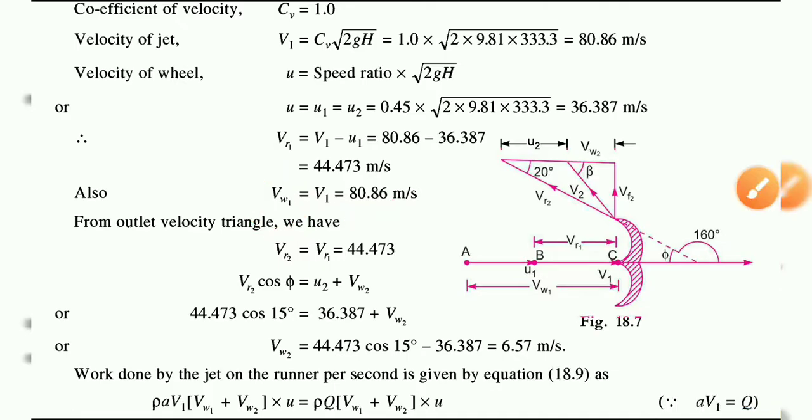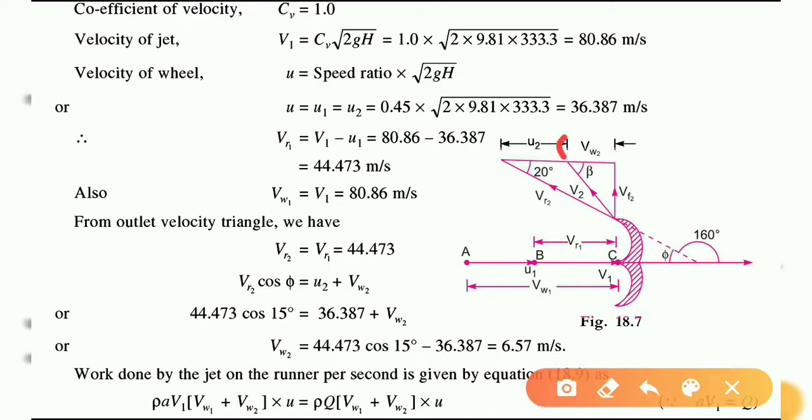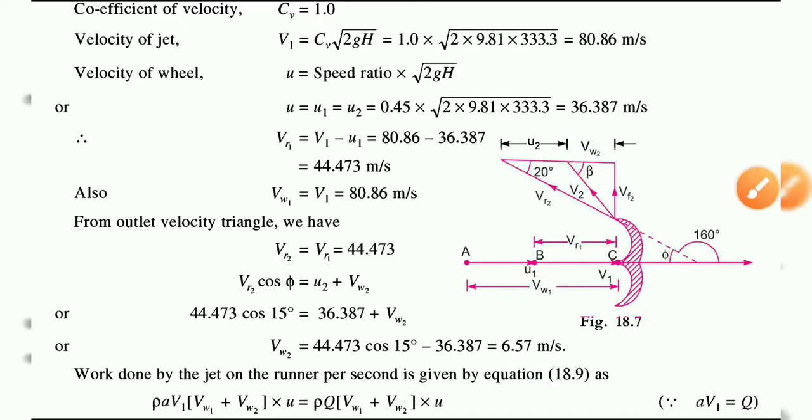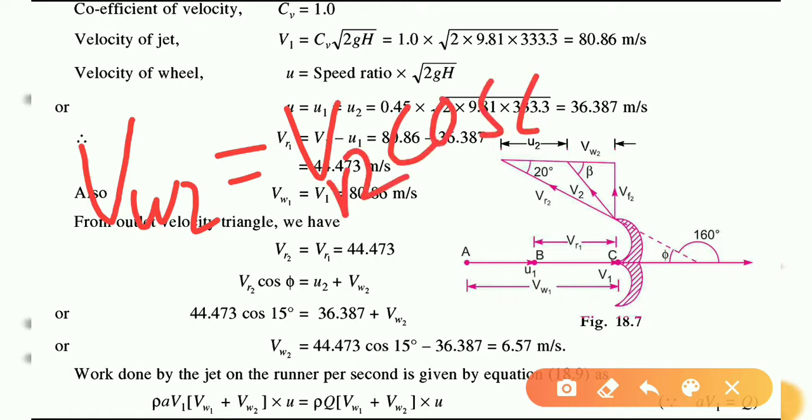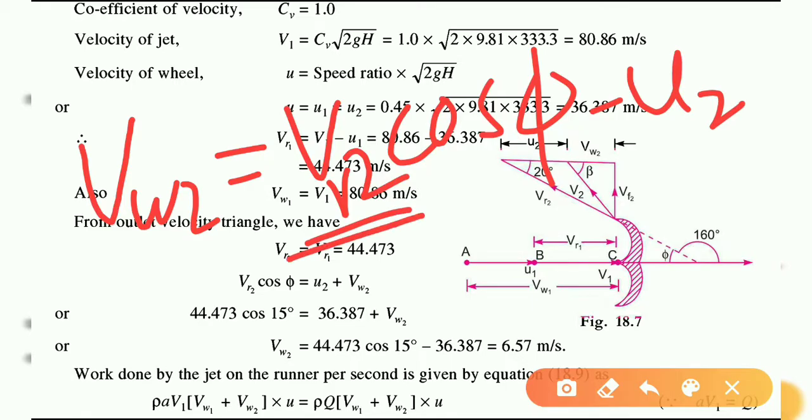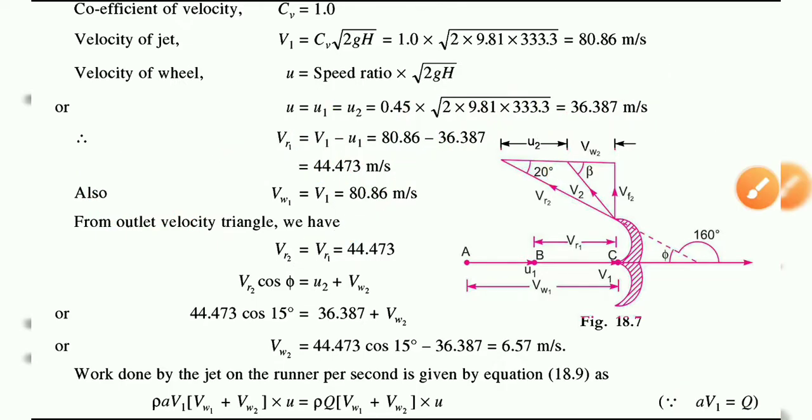Now from the outlet velocity triangle we can find out the value of this Vw2. So what is the value of this Vw2? Vw2 is equal to Vr2 cos phi minus U2. So firstly we need to find out this value of Vr2. Here Vr1 is equal to Vr2, as the guide blades or the bucket surface is very smooth, hence there is no loss of the velocity throughout this bucket.